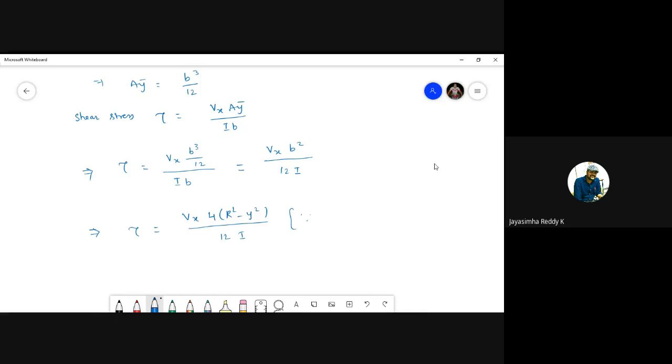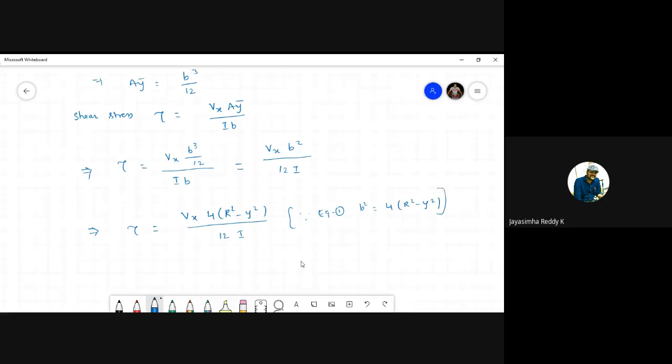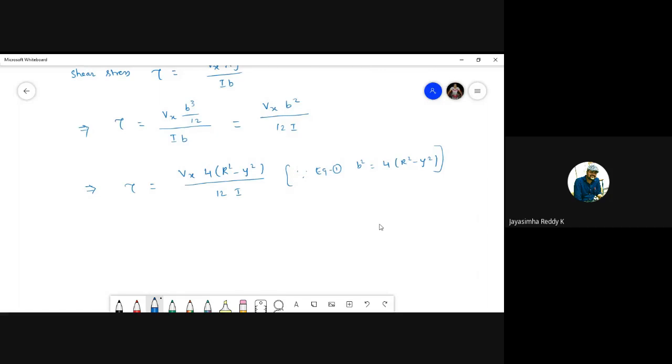Equation 1 gives us b square is equal to 4 into r square minus y square. We derived it in equation 1. I have just substituted that. Now 4 and 12 get cancelled, and this becomes Vx into r square minus y square by 3I.